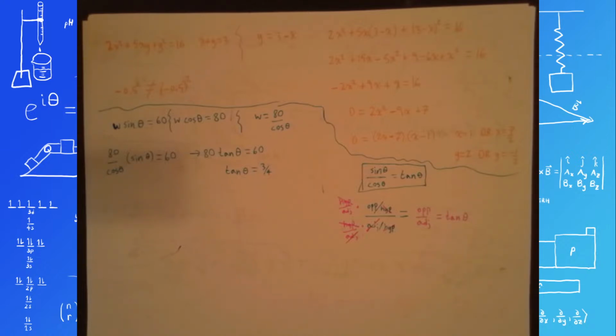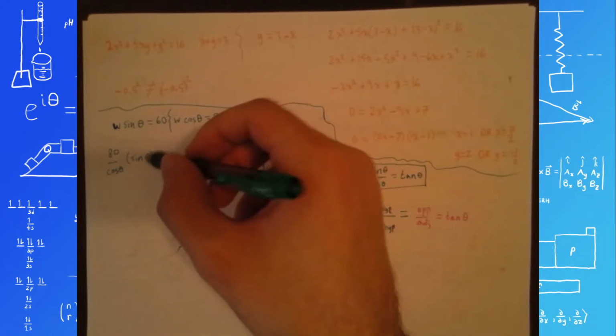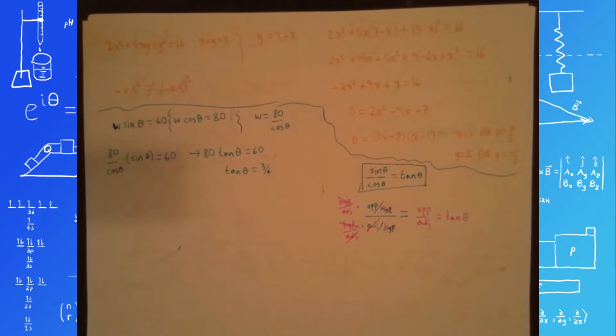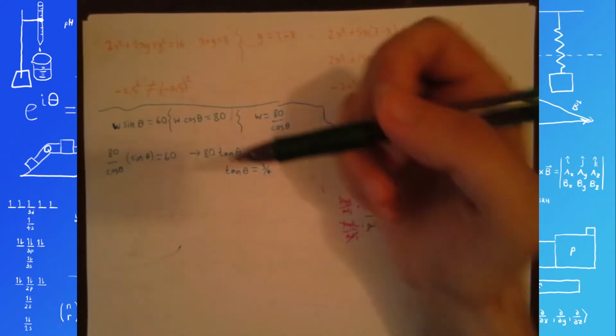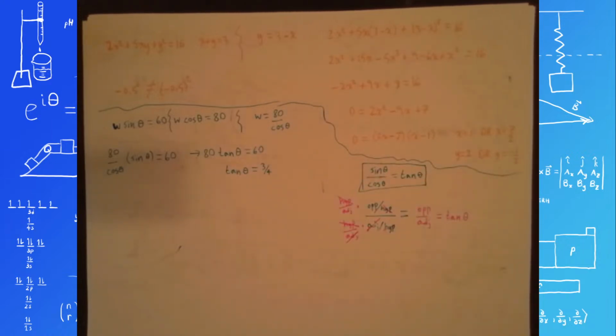The key to solving for an unknown angle when it's stuck inside of a trig function is you want to try and merge all of your trig functions into one trig function, because then you can just use a sine inverse or a cosine inverse or a tangent inverse.